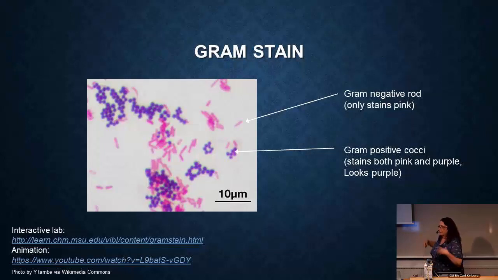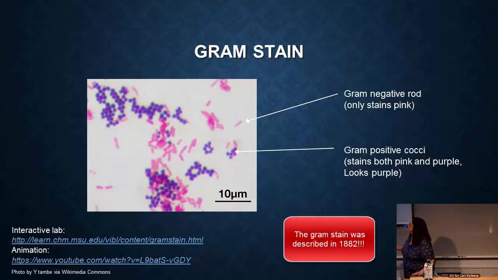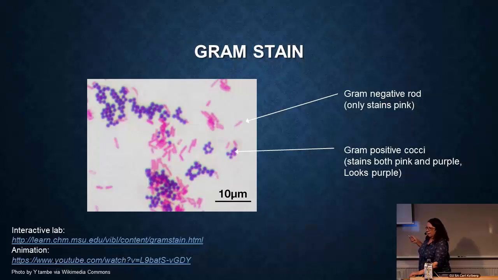The Gram stain is a very famous old method from, I don't even remember when it was discovered, the 40s or so, which is a technique that uses two different dyes, one that will end up being purple and one that is pink. These purple bacteria are ones that keep the purple dye inside themselves, as well as the pink, but you don't really see the pink because they're so purple.